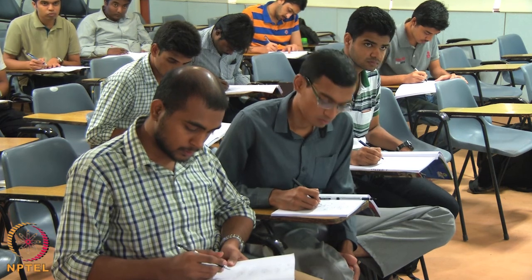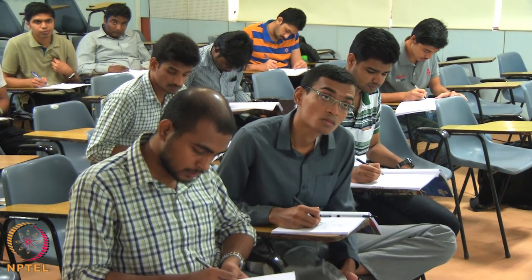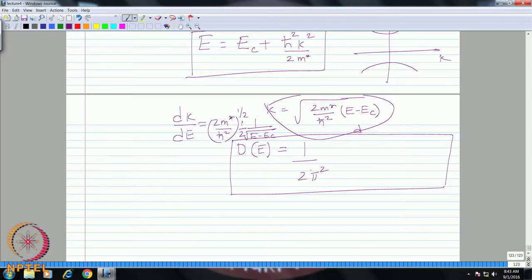Okay, let us say 1 by 2 pi square, this is what I get, just check, 2 times m star by h bar square, the whole power 3 by 2. So, you have k square, which will be 2 m star by h bar square multiplied by dk by dE. So, you have 1 by 2 plus 1, so that is 3 by 2 coming.